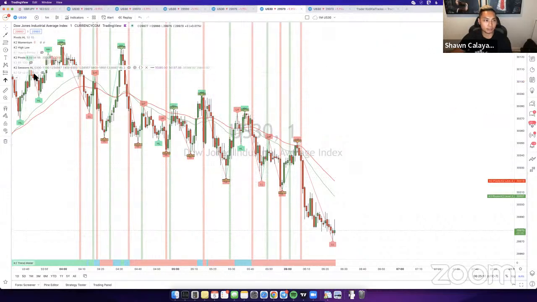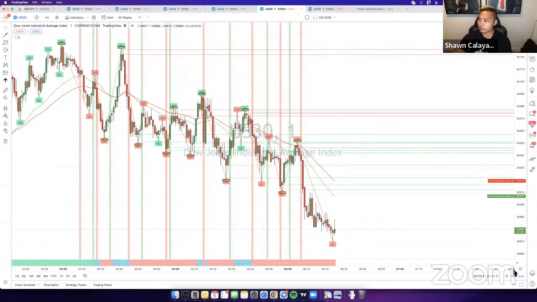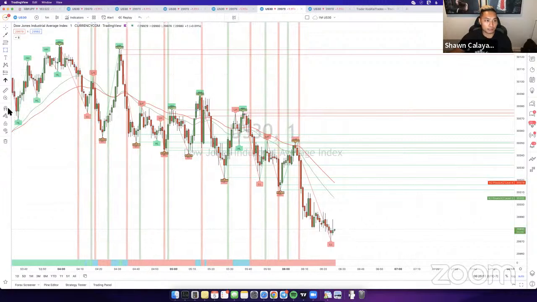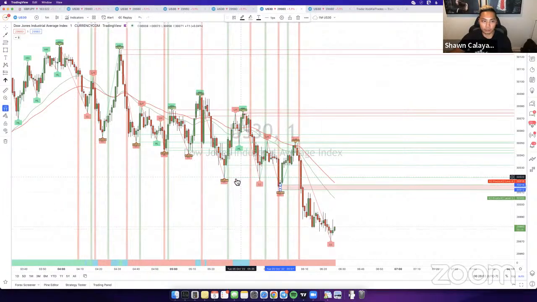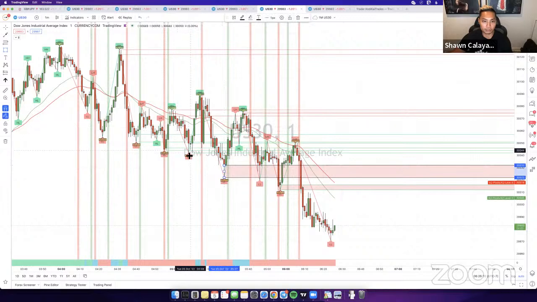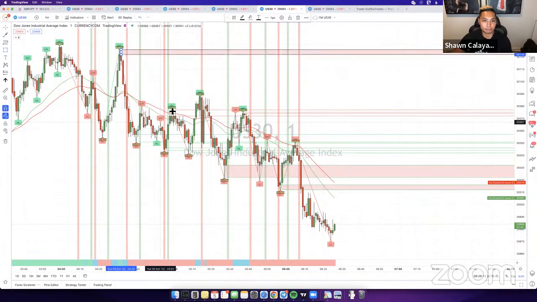As people make their way into the room, I'm going to start off by marking up the areas of K2SR zones here, and then we can get started with our analysis for this morning. One thing I'm going to start doing as well, which is what I used to do a long time ago, is look at the trend bias on the higher time frames to have a better idea of what direction price is going.